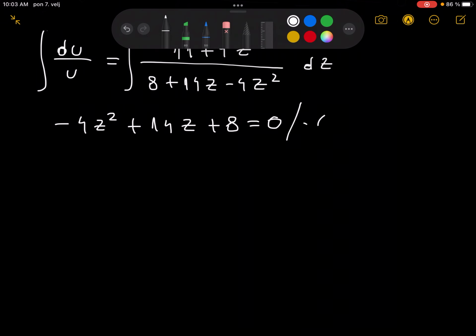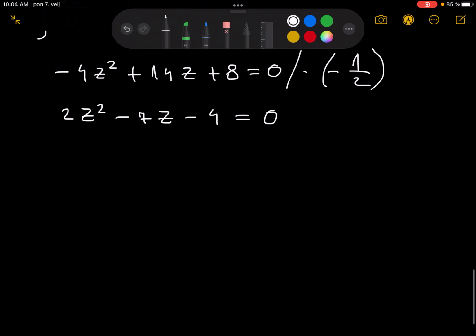So I'm just going to multiply everything by negative 1, okay, instead of negative 1, I'll just go ahead and multiply everything by negative 1 over 2, and I'll get that 2z squared minus 7z minus 4 is equal to 0.